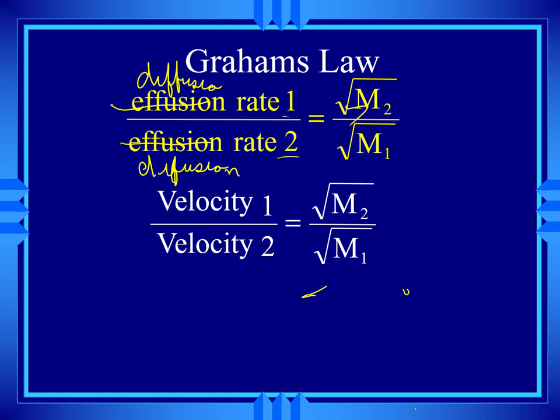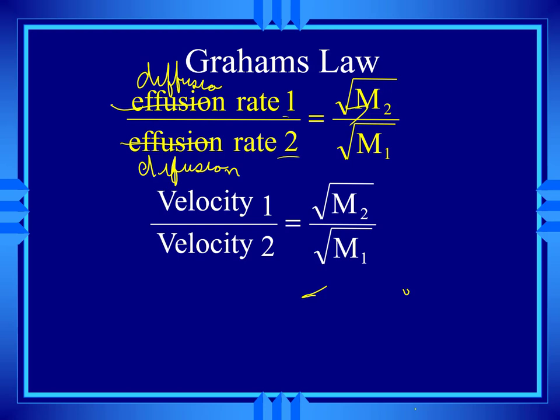Now, effusion rate and velocity are all rates, how fast they happen over time. Okay. Now let's see how time relates to mass. If you had a heavier molecule, it would escape slower, so it would take a longer time for it to diffuse. So the heavier it is, the slower it is. The lighter it is, the faster it is. The heavier it is, the longer time.